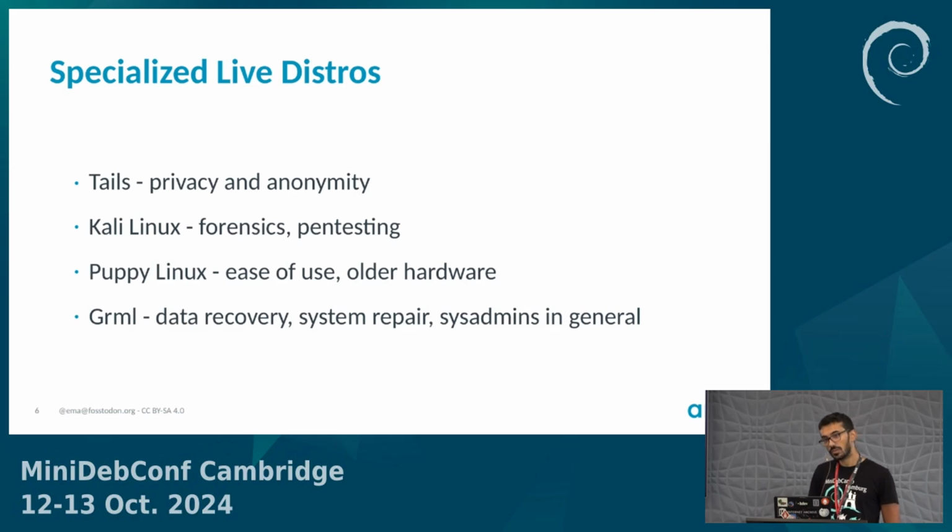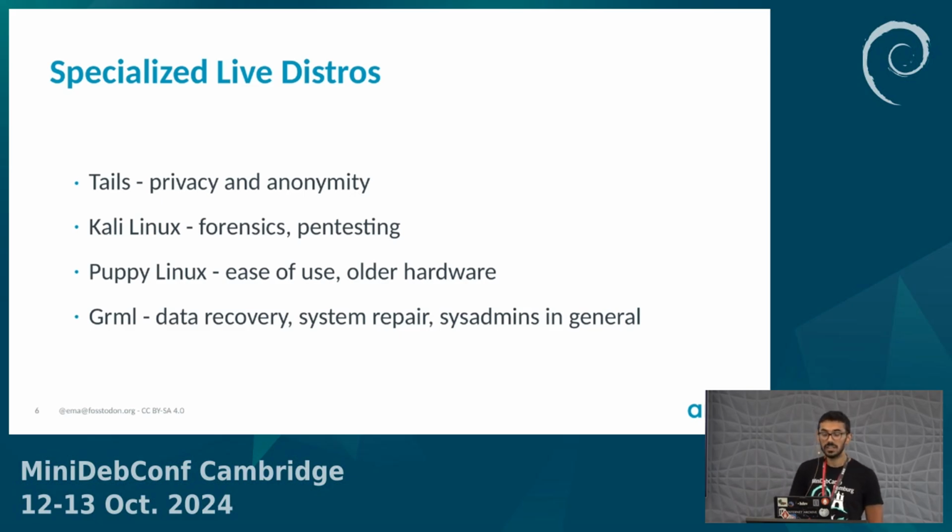Kali Linux, I don't know if it's still actually really in use, but was quite popular for security professionals doing forensics and penetration testing. An interesting one I found is Puppy Linux, which focuses on having a very small footprint, so it runs on older hardware, but it's also very easy to use.